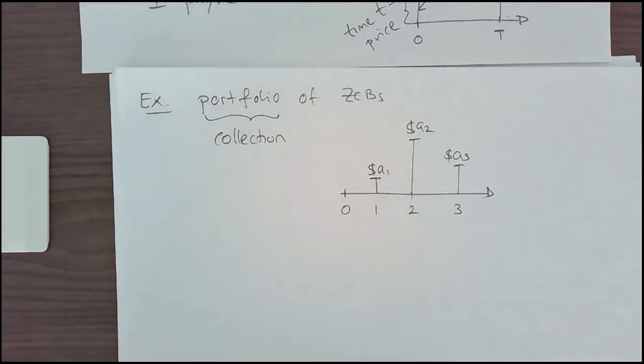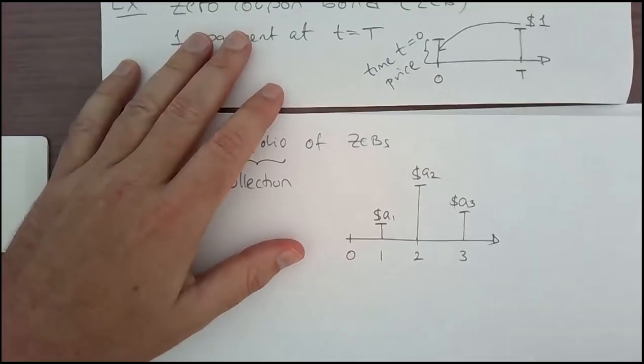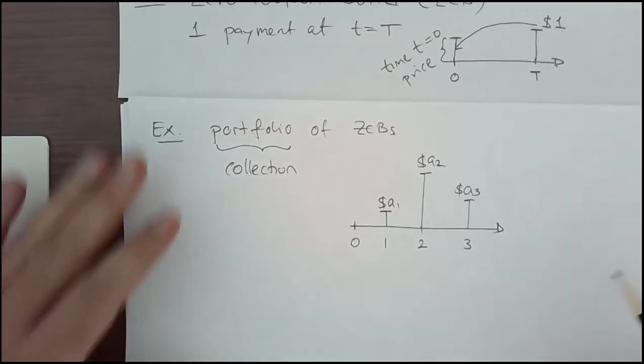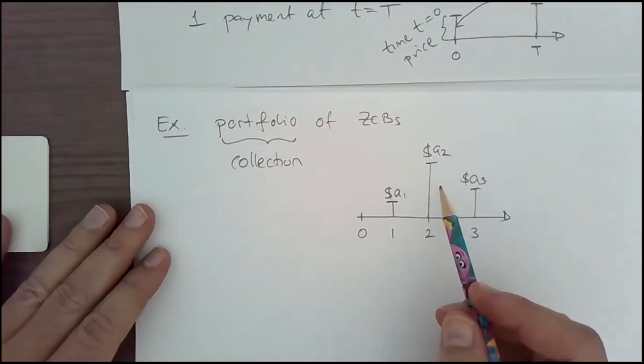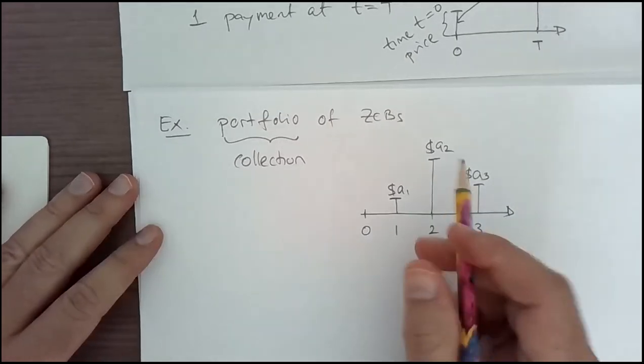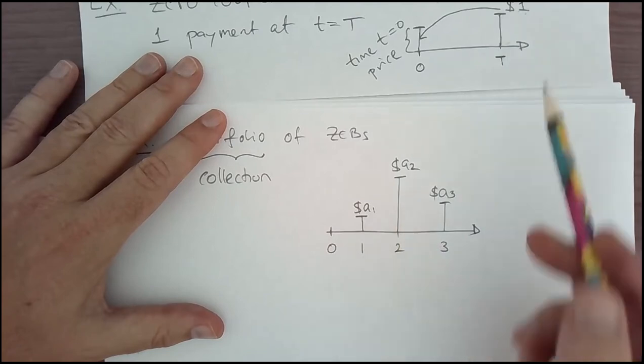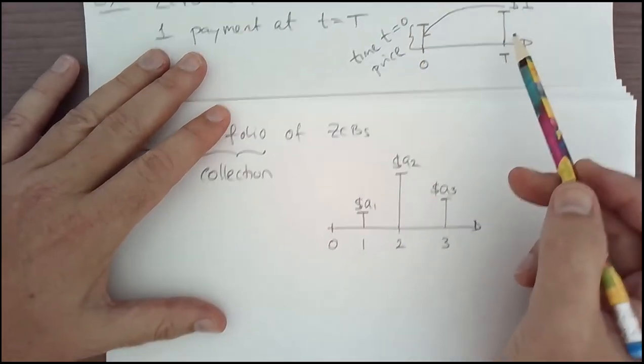So how would I go from the zero coupon bonds to this portfolio of zero coupon bonds? Well, what I would need to do is recognize the lower picture here as given in terms of these simpler pictures I have up here.